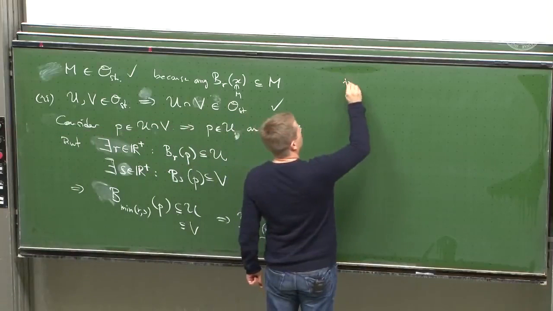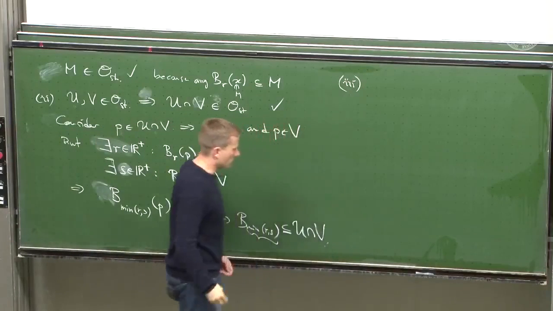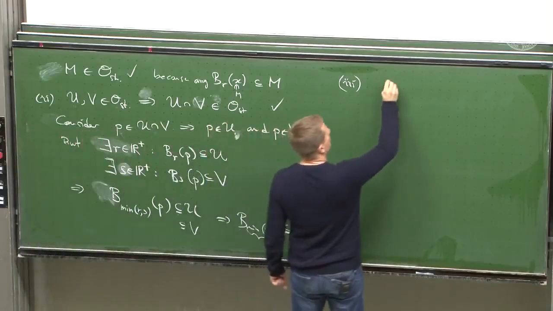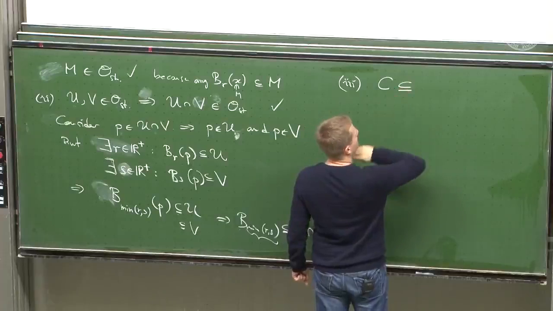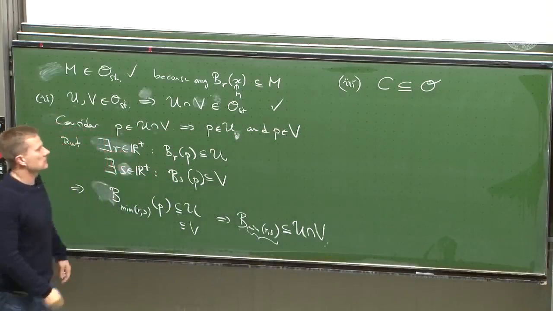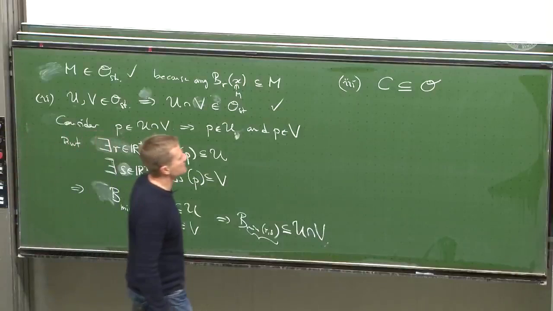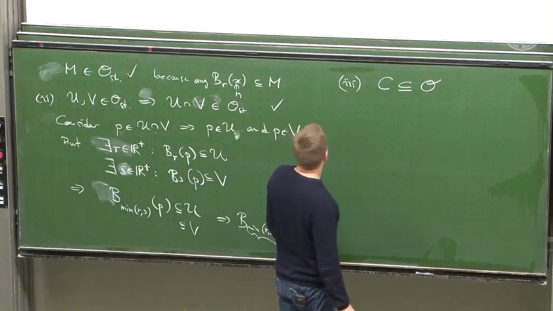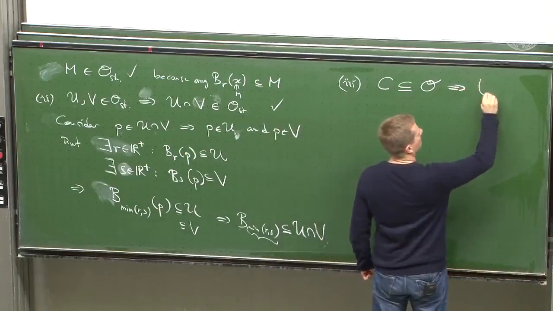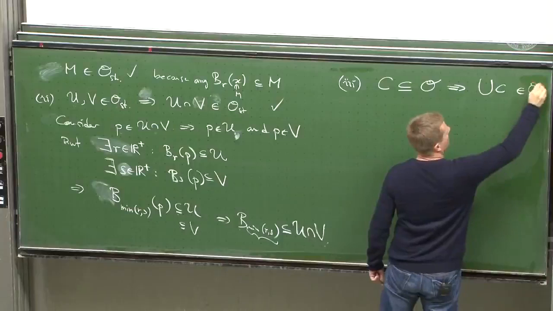And third, well, we're not always going to go through all steps. It's just to demonstrate this once. Let's assume that C is some collection of subsets in O, so some set of sets in O. And the question is: is the union of C again in O?